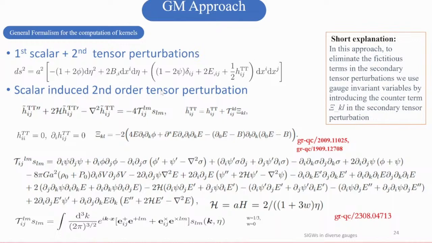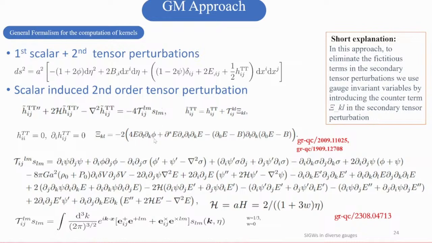This term will be used to solve the problem that caused the gauge dependence or the divergence in the previous studies. So here we introduce this term. Using this term, the problem of the gauge dependence or the divergence in the previous studies will be sorted out.